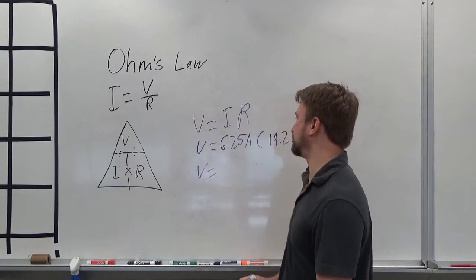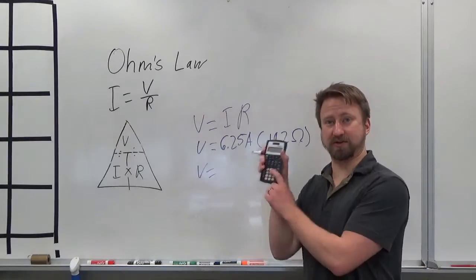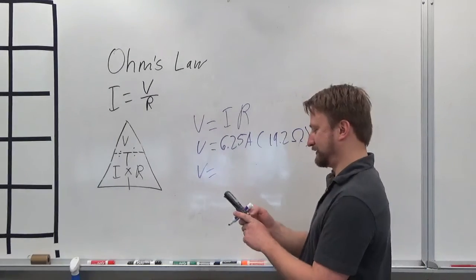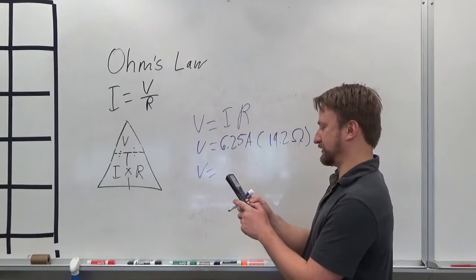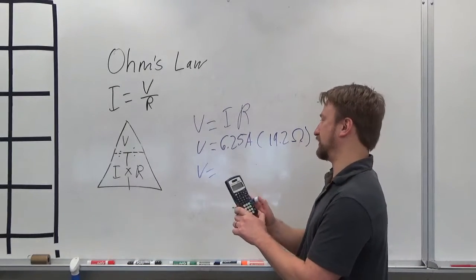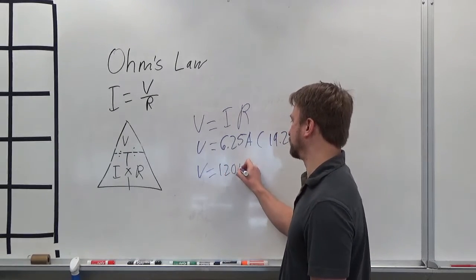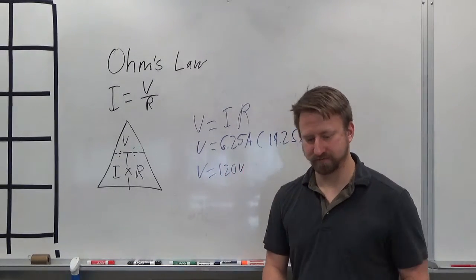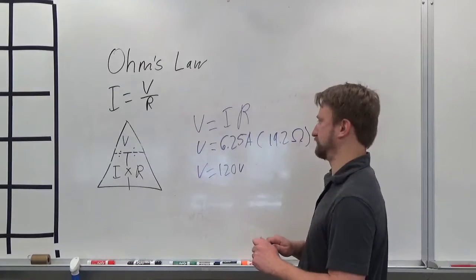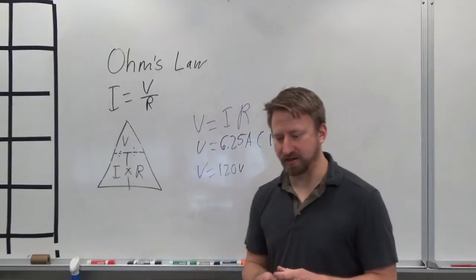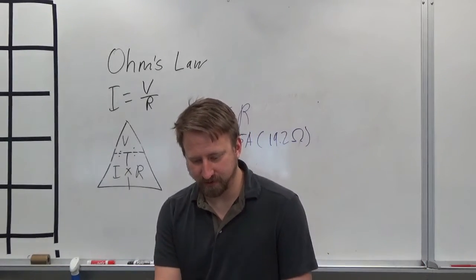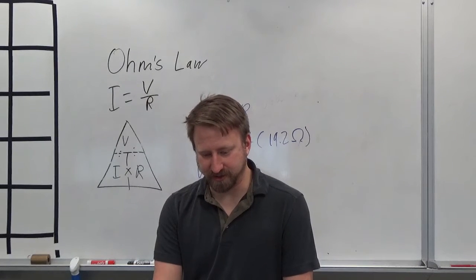So voltage is, calculator time, 6.25 times 19.2, 120 volts. Pretty straightforward, right? Let me double check, make sure there's nothing in there.